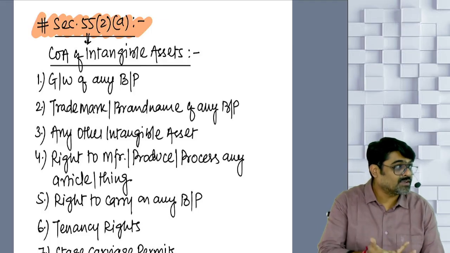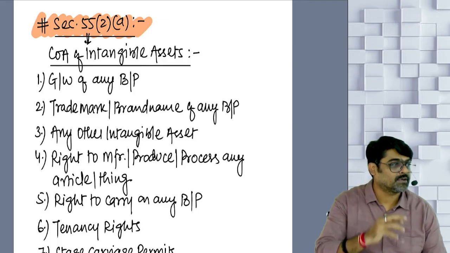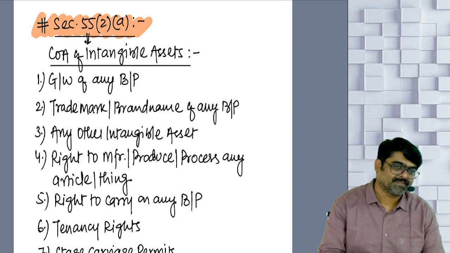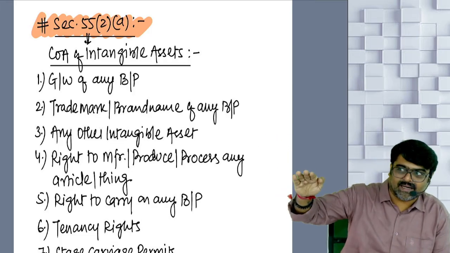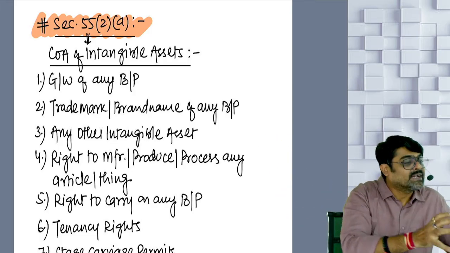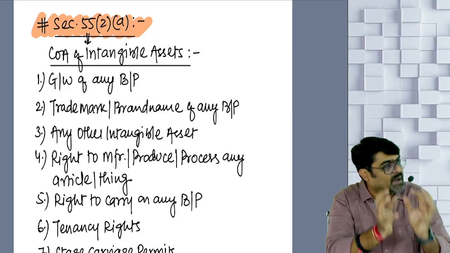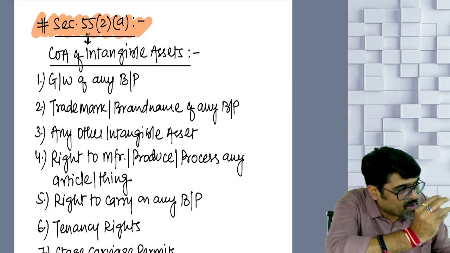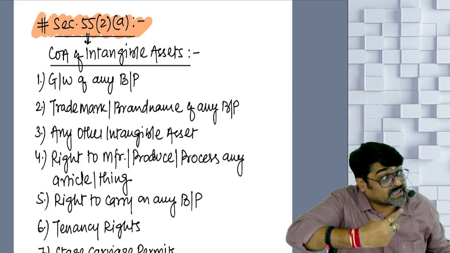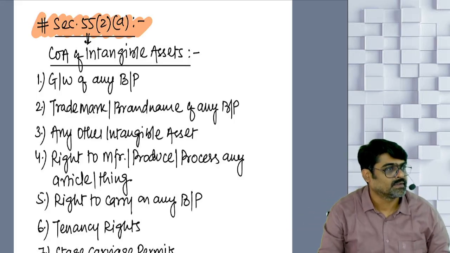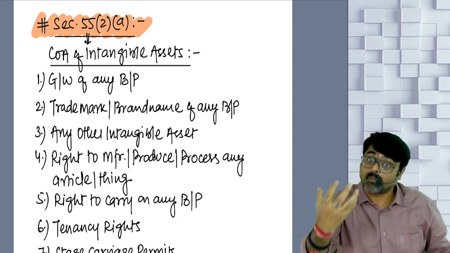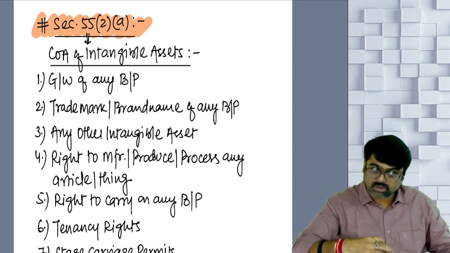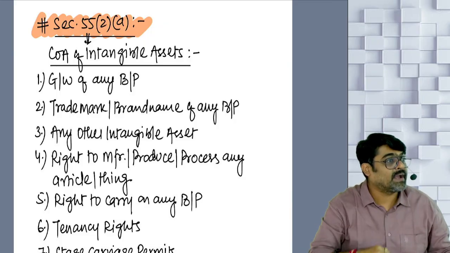Even to generate this goodwill, some cost might have been incurred. Because for these many years, if I am doing business, every year I am spending some amount for my business. Year 1, I am spending some amount on my business. Year 2, I have spent some amount in my business.